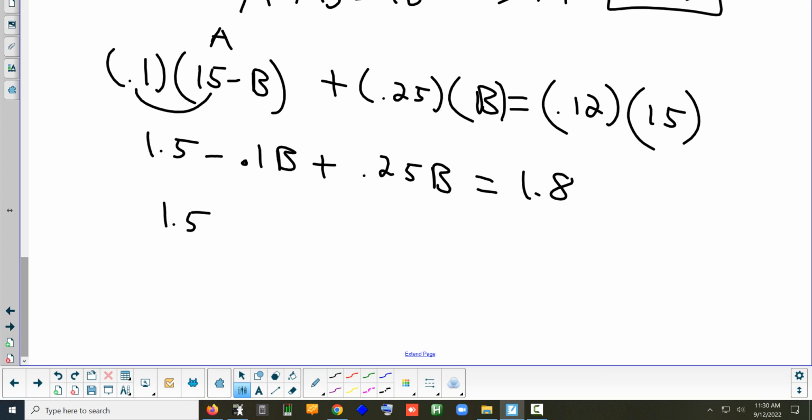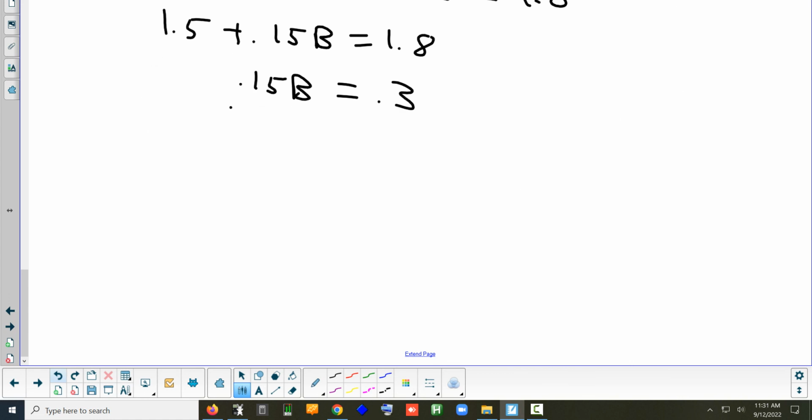What's negative 0.1 plus 0.25? It's not positive 0.1, negative 0.1. Sorry. 0.15. 0.15B equals how much? 0.3. And divide. B equals, what's 0.3 divided by 0.15?